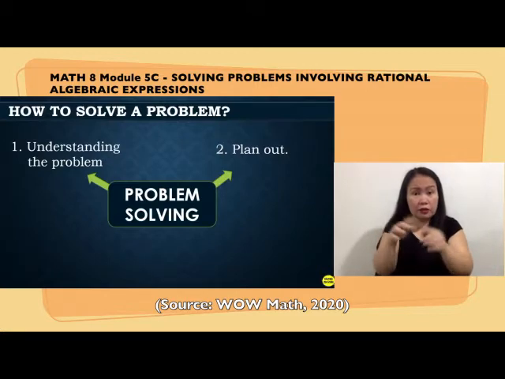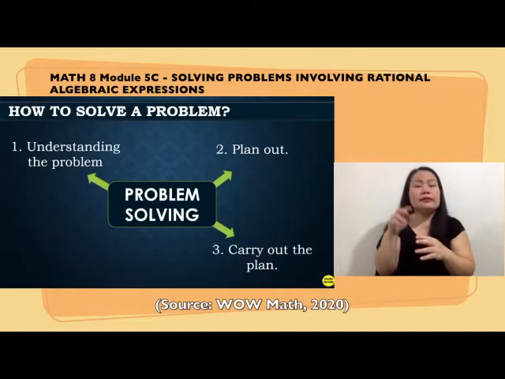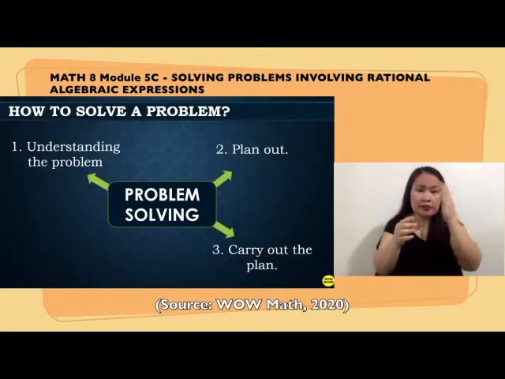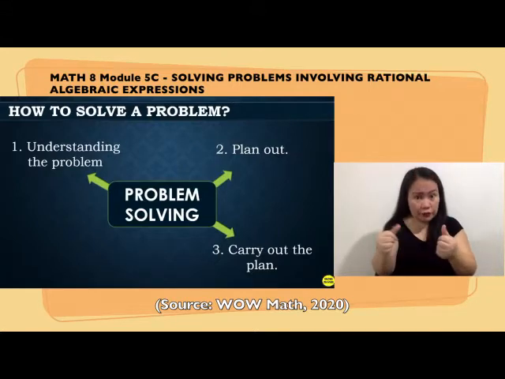And then after planning out or representing the equation, carry out the plan. Be sure to apply your knowledge and skills in solving the equation. So kasama na nga rito yung pag-solve natin ng rational algebraic expressions, yung 4 fundamental operations nito.